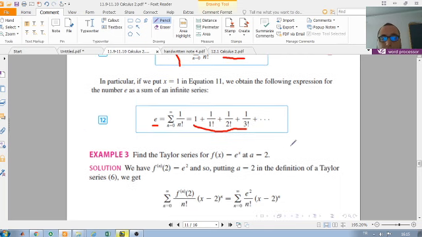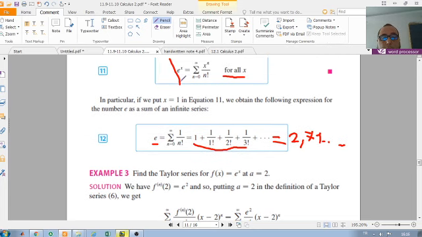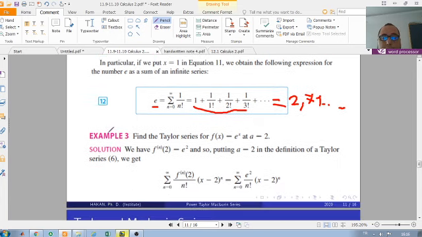This is approximately equal to 2.71 and so on. It is an irrational number, and another expression for this special number, like pi, can be found by using the Taylor series expansion or Maclaurin series expansion, which is very interesting.